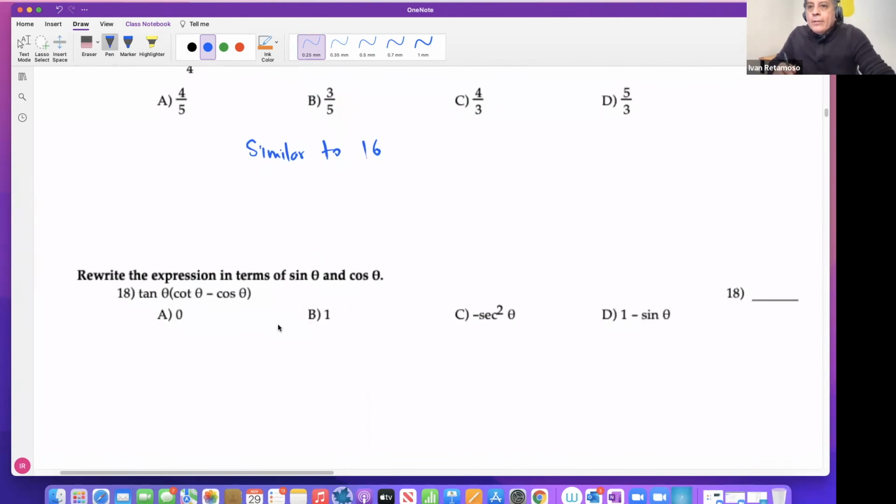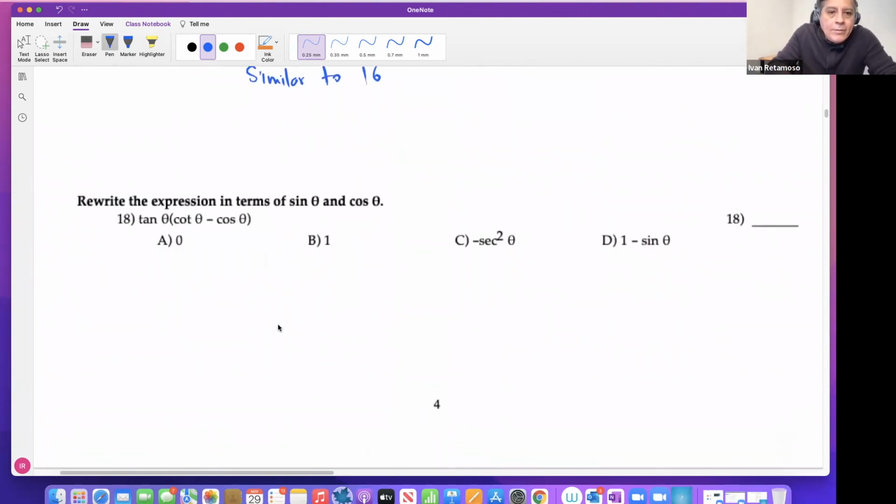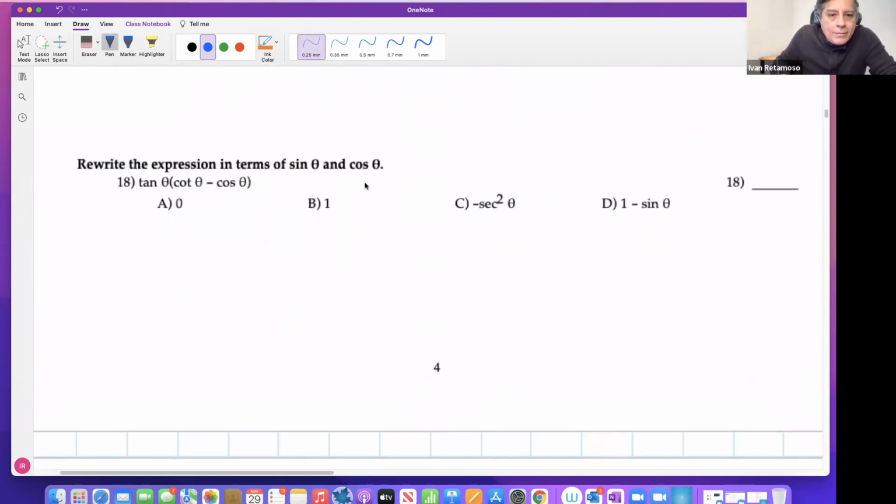18 is more interesting because it deals with simplifying trigonometric expressions using identities, right? Trigonometric identities. So they say simplify this: cosine of theta. Well, it is a good strategy to write tangent as sine over cosine, right?